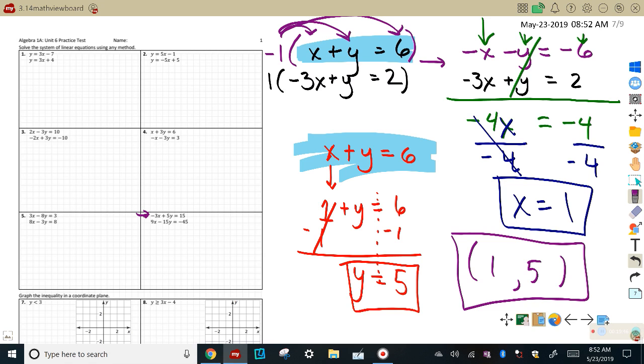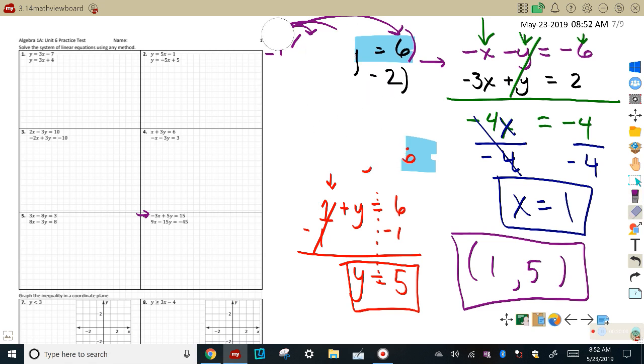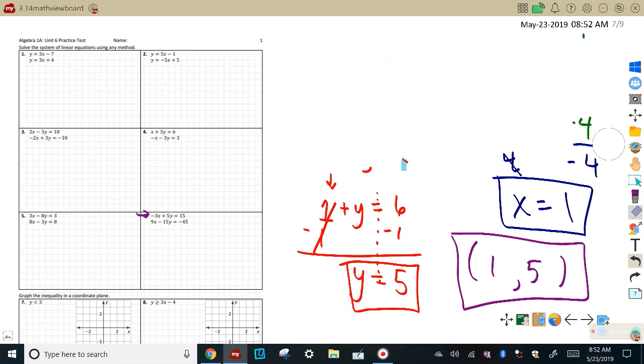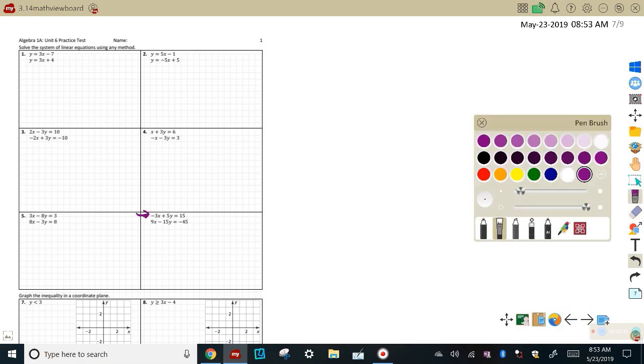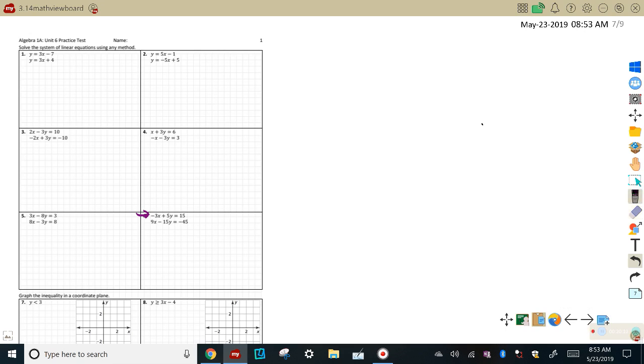Try to find one that is a little bit tougher, just so we have the practice. Good. Let's try this one. Try this one on your own, and we'll go over it in a minute.